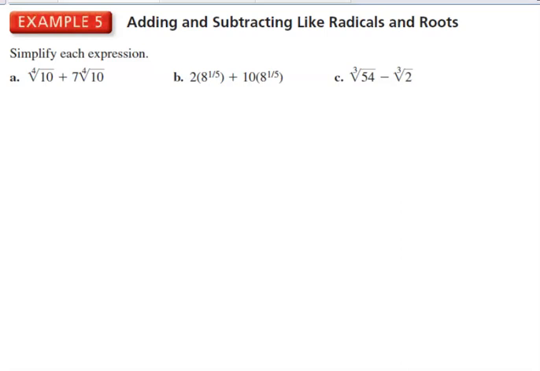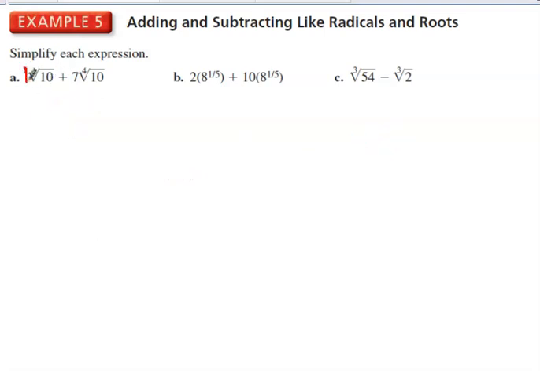Very similarly, we can do adding and subtracting. We can think of this as x plus 7x, or 1x plus 7 more x's. The x is the same, so all we're essentially doing is just counting how many of them we have. Well, we don't have x, instead we have the 4th root of 10.